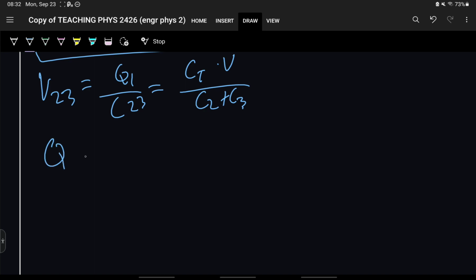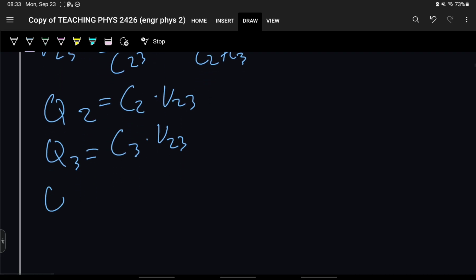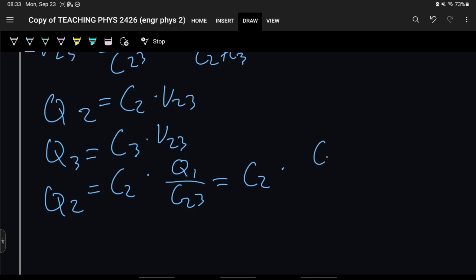So we have Q2 equals C2 times V23, and Q3 equals C3 times V23. If we substitute, we have Q sub 2 equals C2 times Q1 divided by C23, which equals C2 times CT times V, all divided by C2 plus C3.